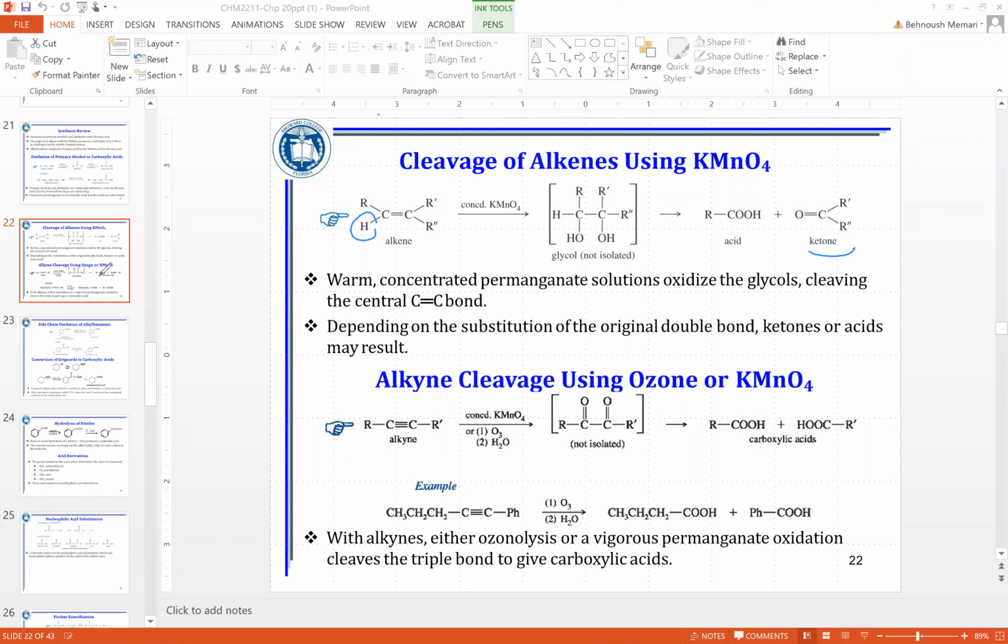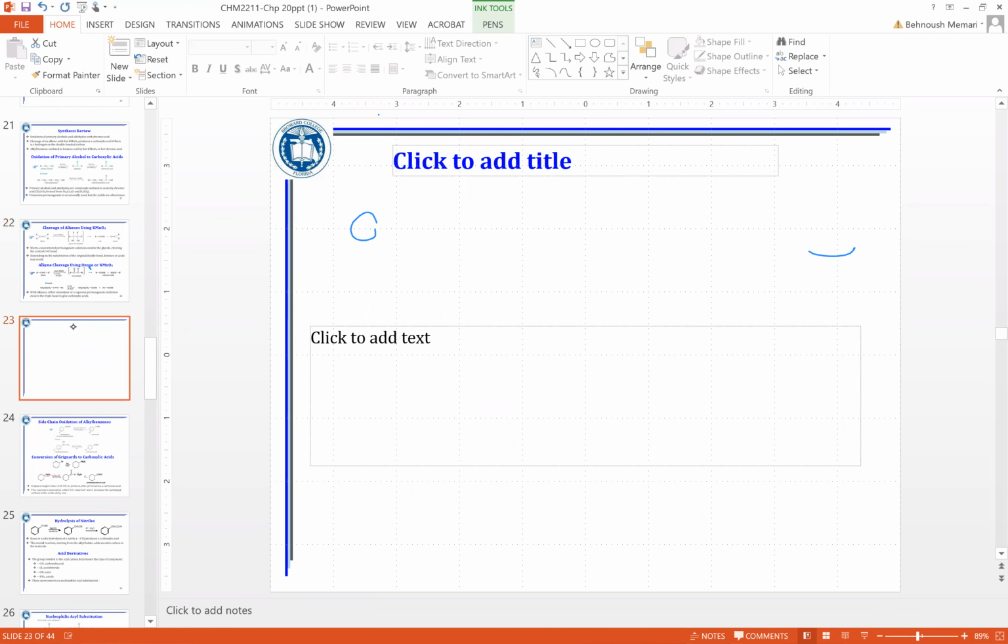So let's say you want to make a carboxylic acid that is 4 carbon. You want to make this carboxylic acid. Can you give me the first method? What reaction can you use to make this 4-carbon carboxylic acid?